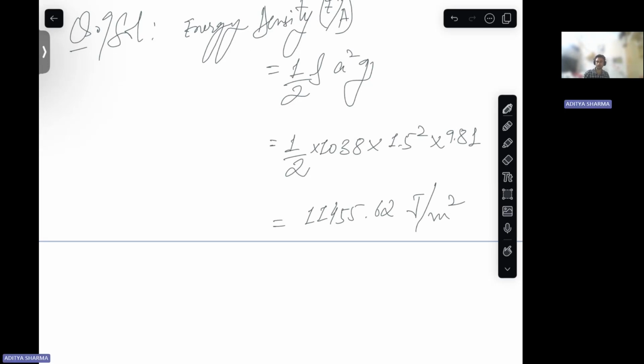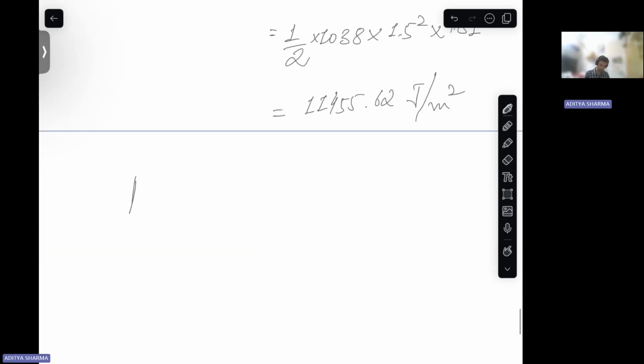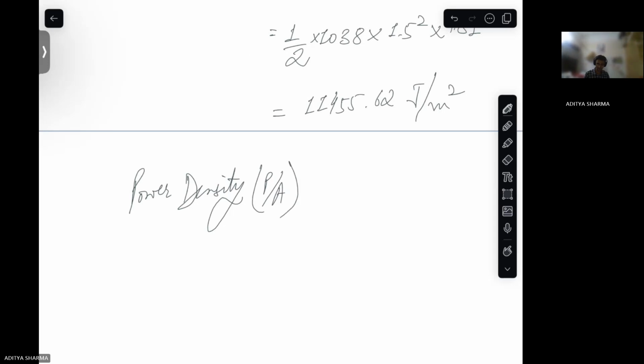So this is your energy density. Then you have to calculate the power density. It is E by A dot F. What is F?